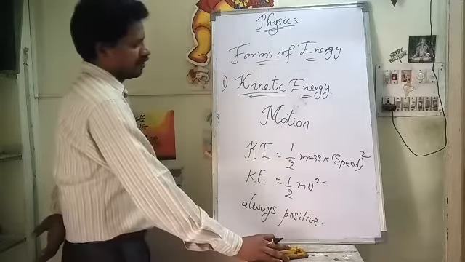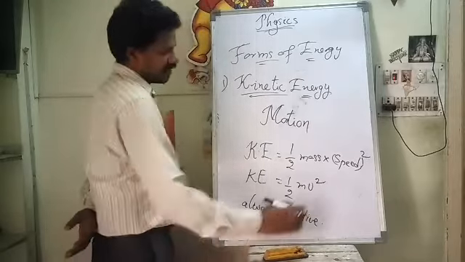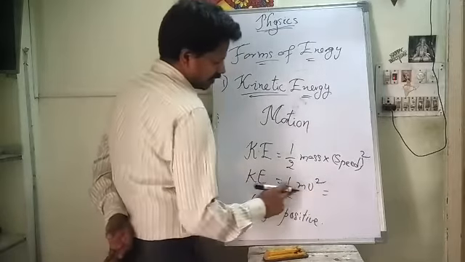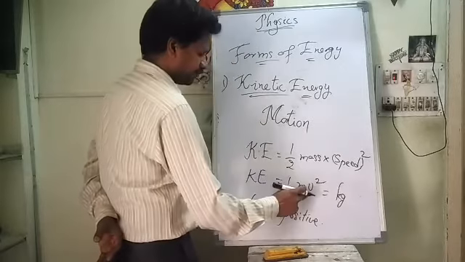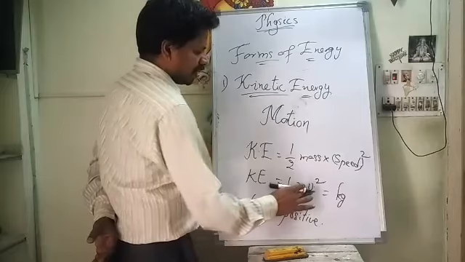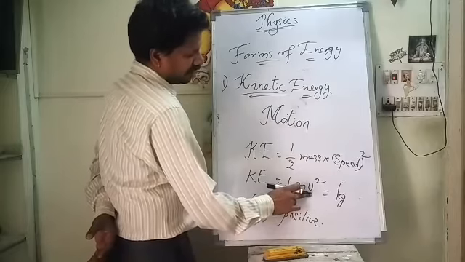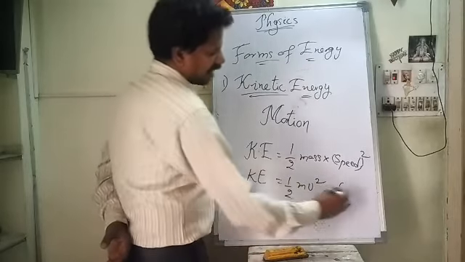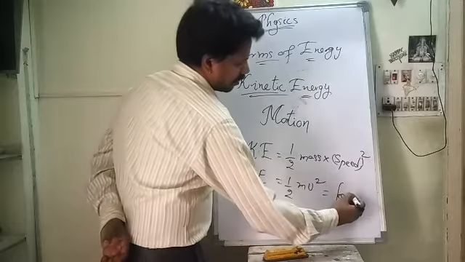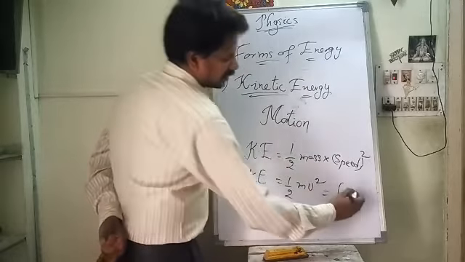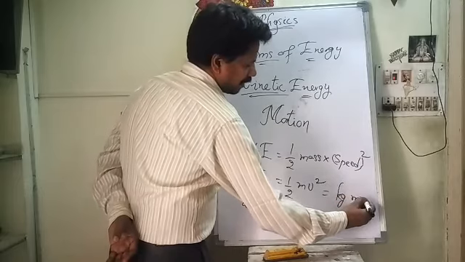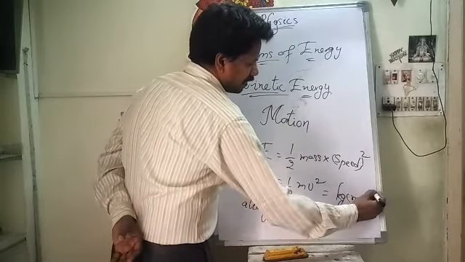See, here also you can describe the units. What are the units? Mass means kg. Velocity units are meter per second, so velocity whole square is meter square per second square.